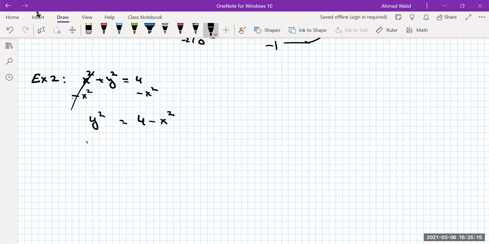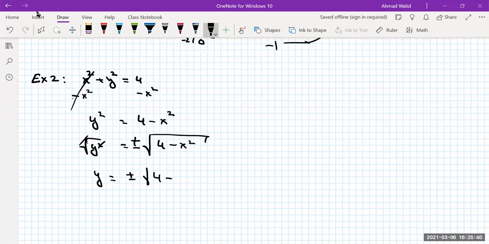Solving for y, I have to take the square root of both sides. Remember I told you every time that you take a square root, you have to use the plus minus sign. Plus minus the square root of 4 minus x squared. And your equation is y equals plus minus the square root of 4 minus x squared.